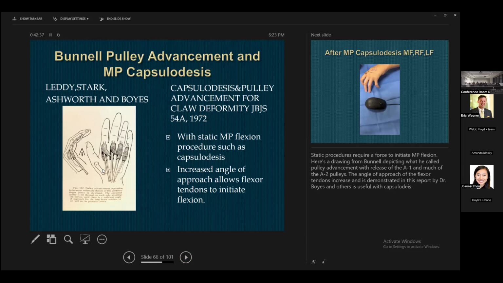Also this drawing is out of Bunnell's original text, and it shows what's termed pulley advancement, which is release of the A1 into the distal A2 pulley to increase the moment arm, and can aid in MP flexion. You can use that in combination with capsulodesis.